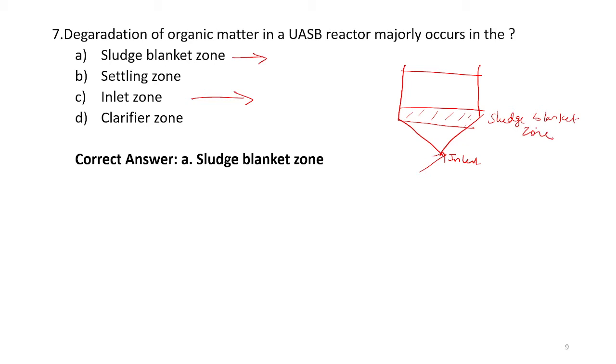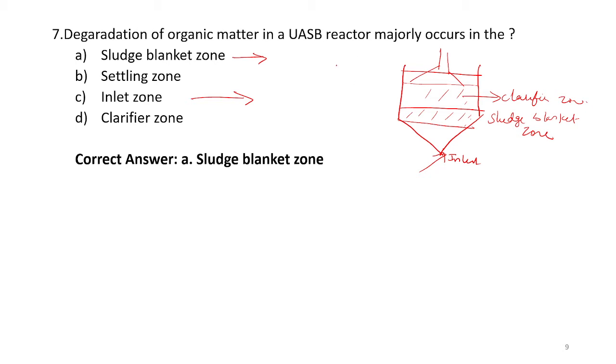Then there is a zone for settling or clarifying, known as the clarifier zone. Then there is another zone where the GLSS is present. GLSS means gas, liquid, solid separator. That zone is for separation. These are the zones present in the USB reactor.